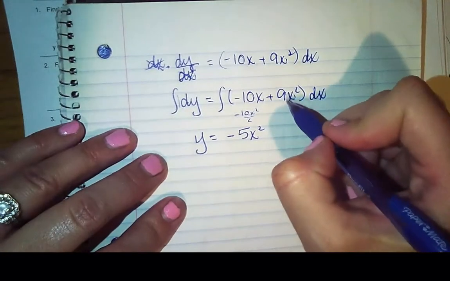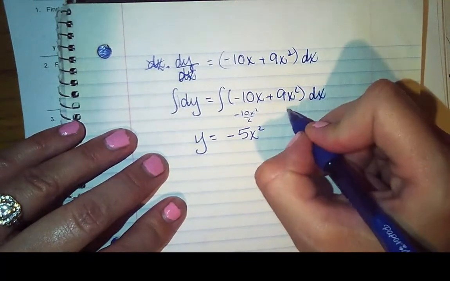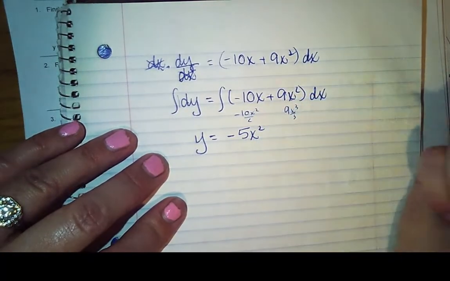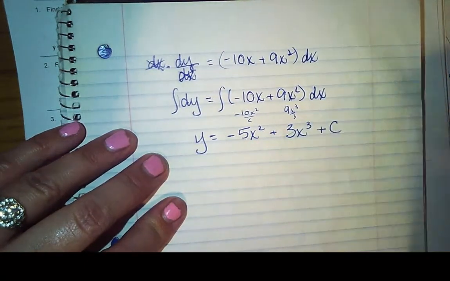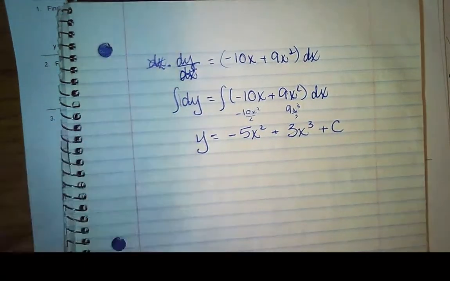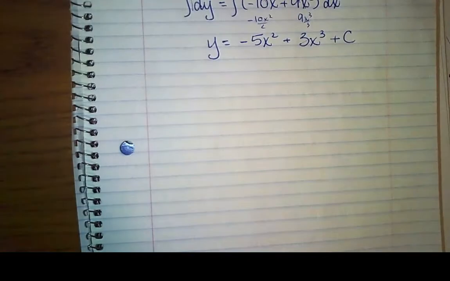And then the integral of 9x squared becomes 9x to the third over 3, which is 3x to the third, plus c. We've been doing this the whole time, we're just formalizing it a little bit. So we're going to do another one.